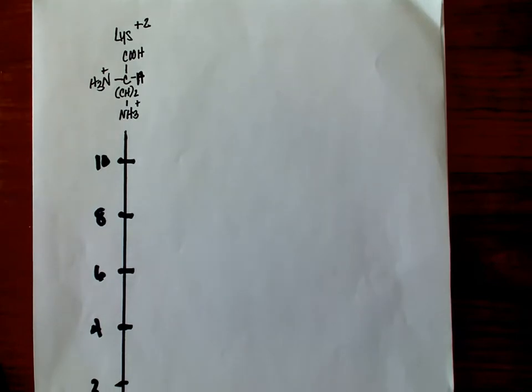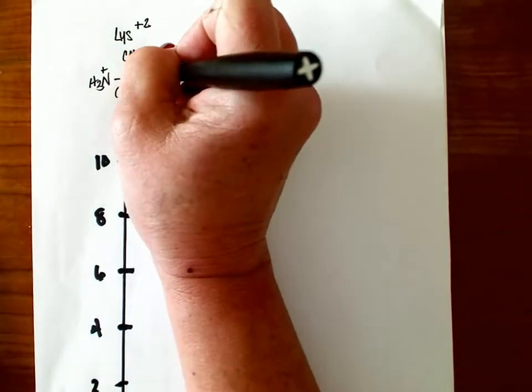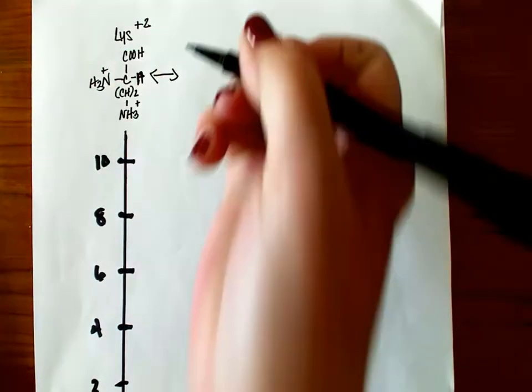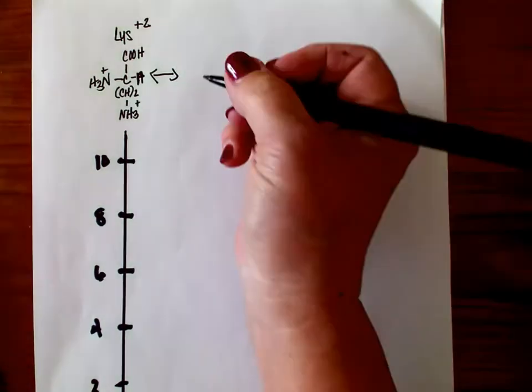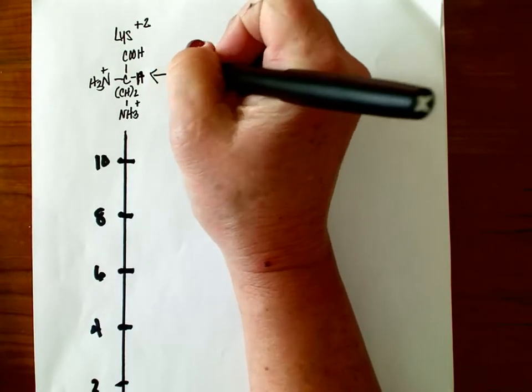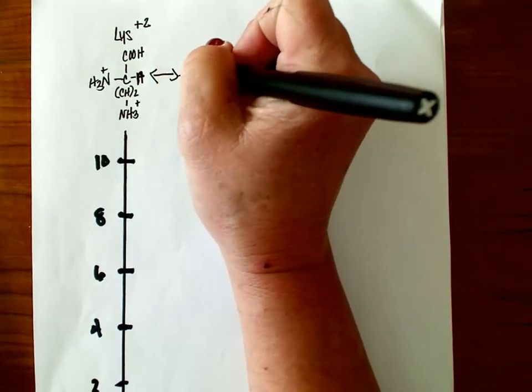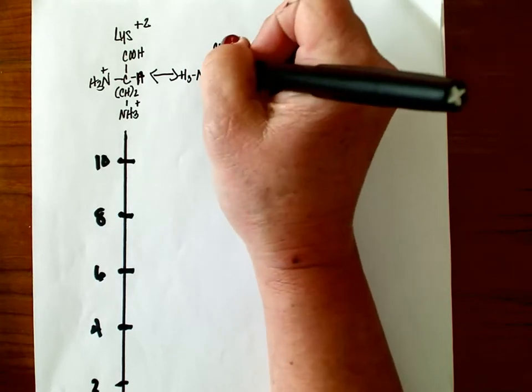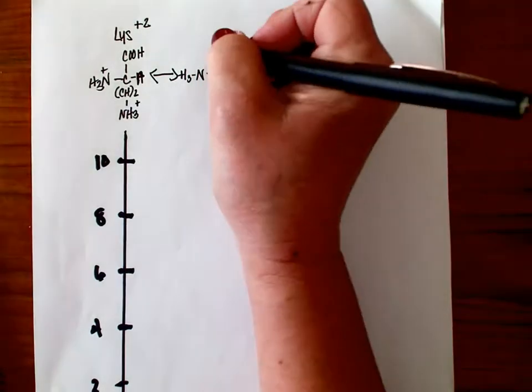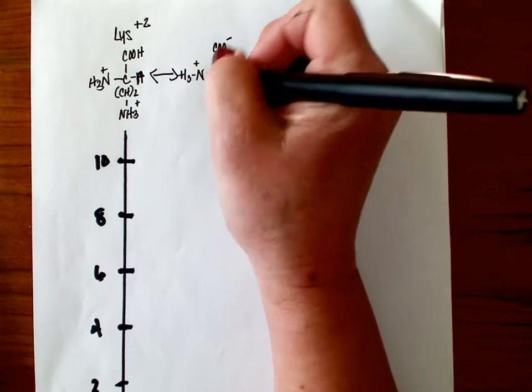So the next ionization, or the first ionization I should say, is going to occur on that alpha carboxyl group. I'm not used to drawing these this way, so bear with me. So we've got an offset of charge here.